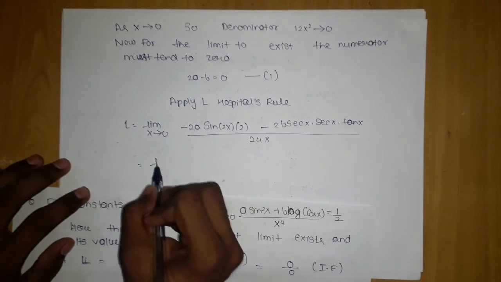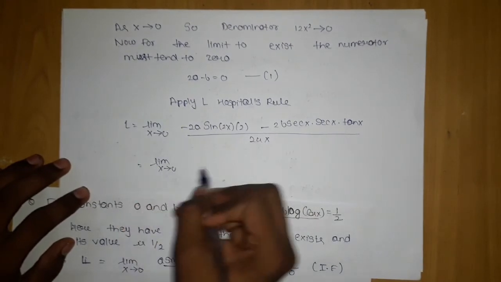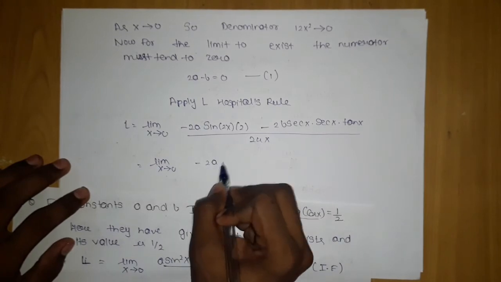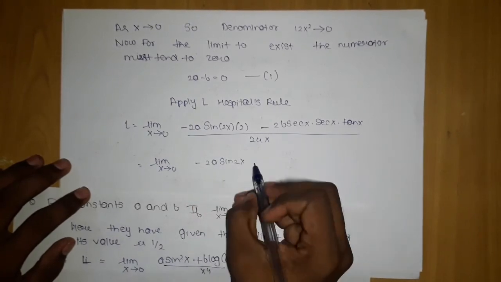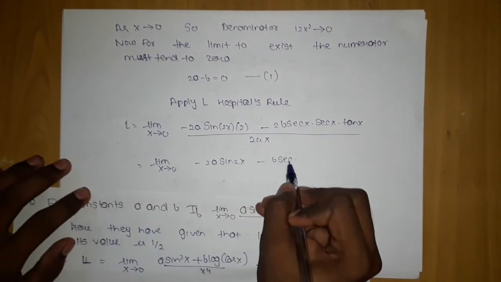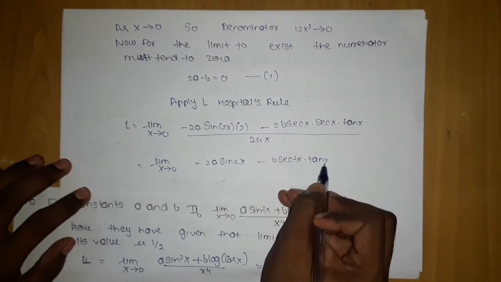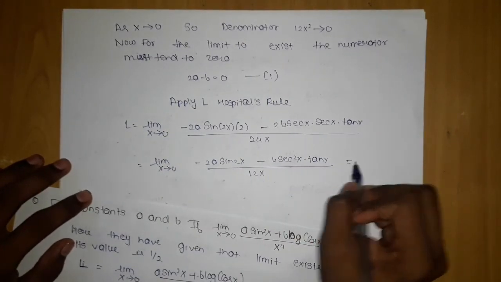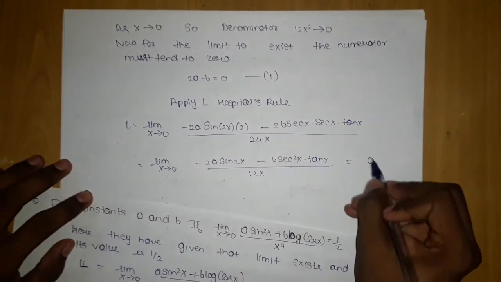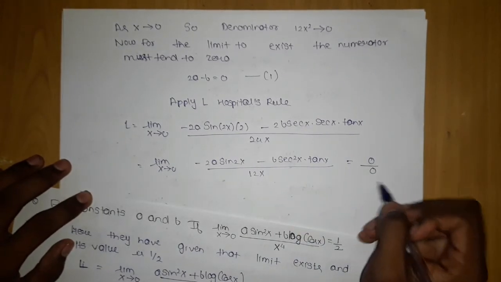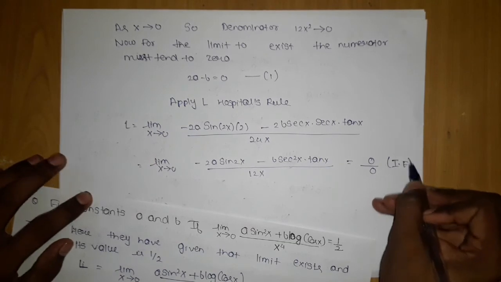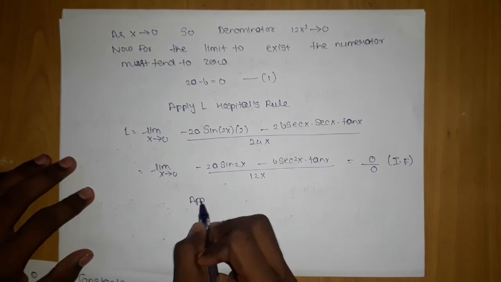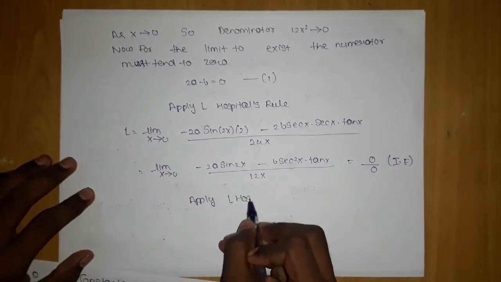If we simplify this, 2 will get removed and we are left with 2a sin 2x, and here we are left with b sec square x dot tan x, the whole by 12x. If I put the values, this will become 0, this will become 0, we are getting 0 by 0, which is an indeterminate form. We can apply L'Hopital's rule now.